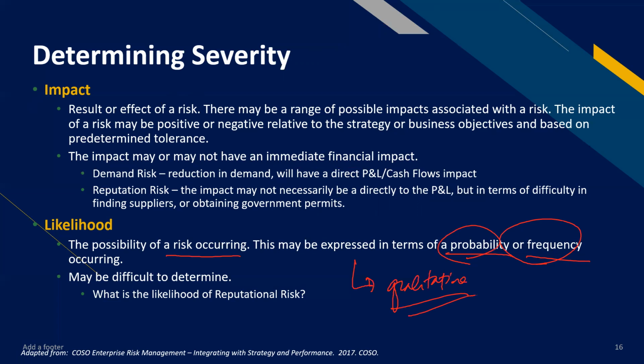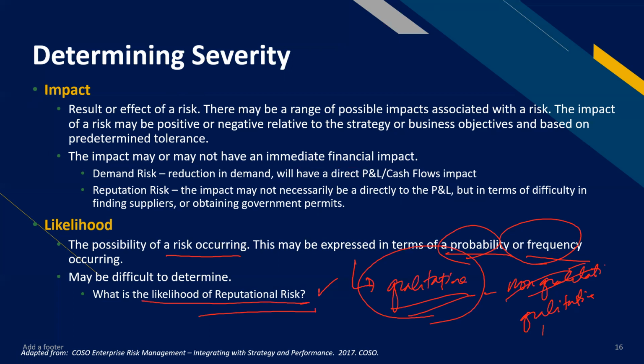Okay, for example, what is the likelihood of reputational risk happening? You cannot quantify the probability of that, or you cannot possibly say na one occurrence of reputational risk, patay na, right? So therefore, there might be some qualitative aspects, okay? Or some other qualitative aspect that can be quantified.